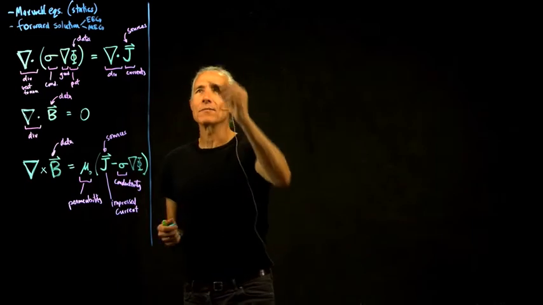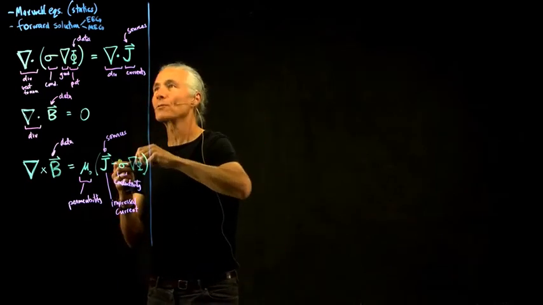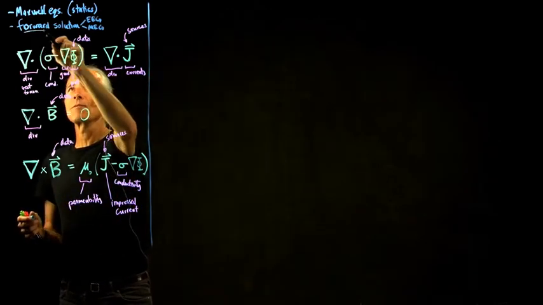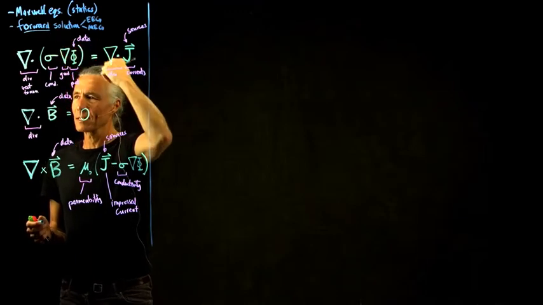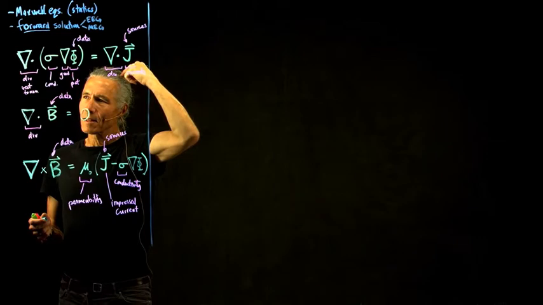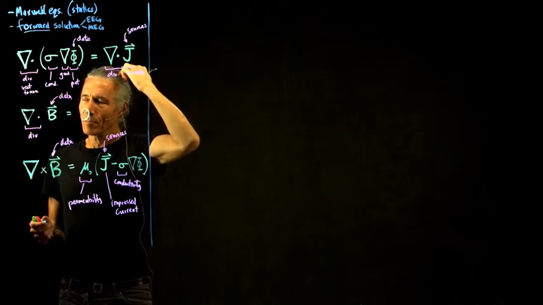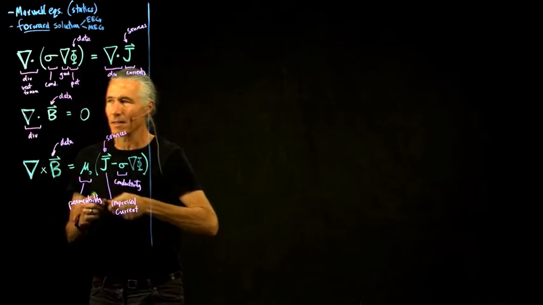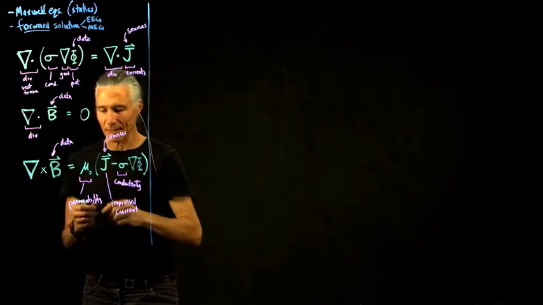What we're going to work up to is the forward solution: how to calculate the voltage at a point and the magnetic field vector at a point, given some source.